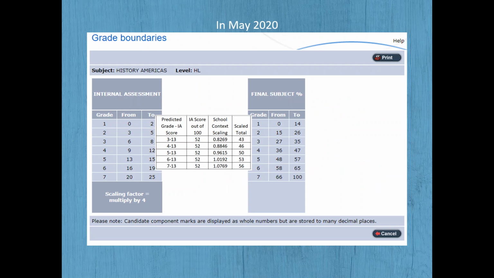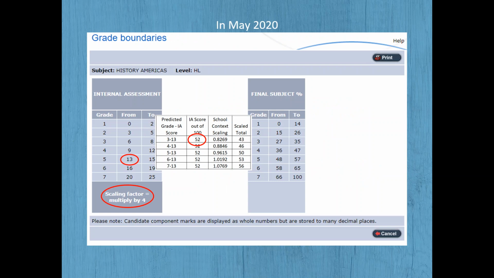Let's look at some examples. Again, my example is history. So we're going to take an internal assessment score of 13. That gets multiplied by the scaling factor, in this case 4. That becomes a 52.